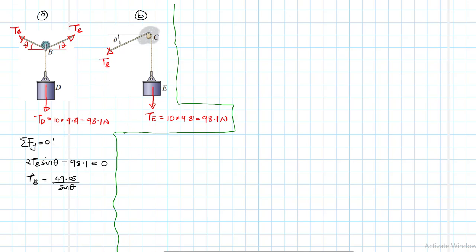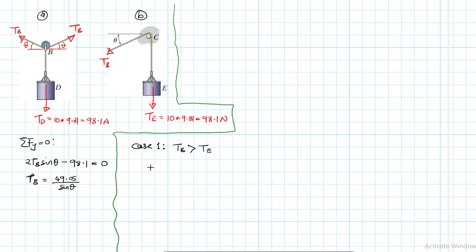So let's first call this case as case 1. Like I said, we're going to have two cases. So in this particular case, let's assume that TB is the one that is larger than TE. Okay, and if this is the case, it will tend to pull on TE.